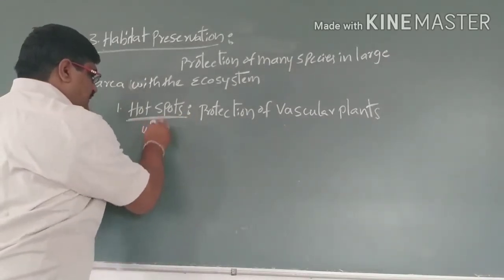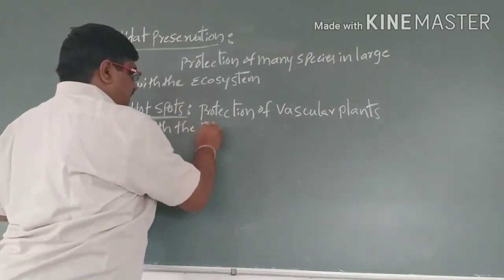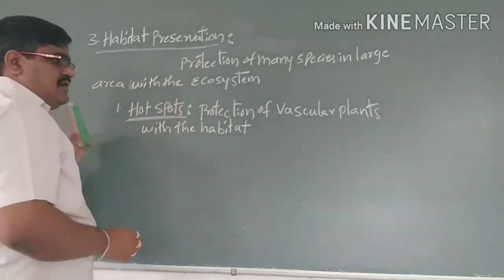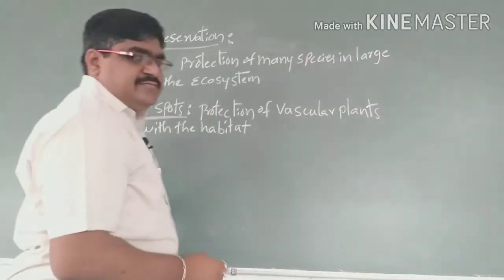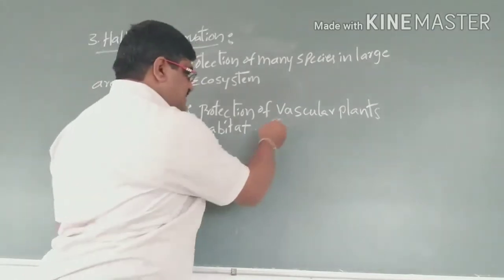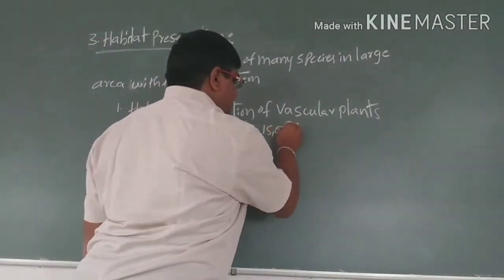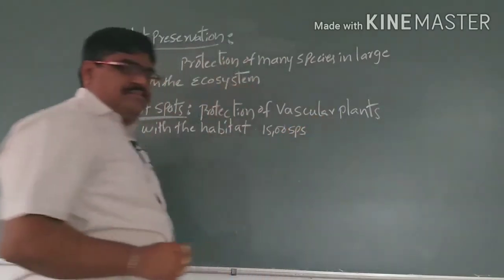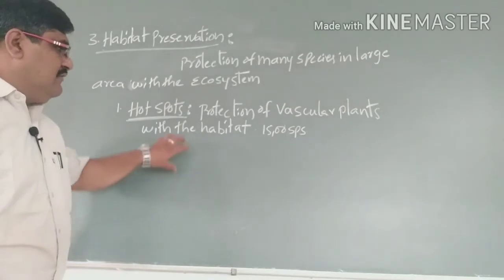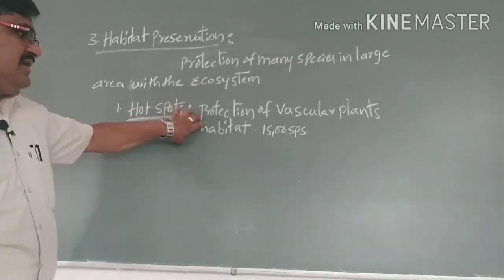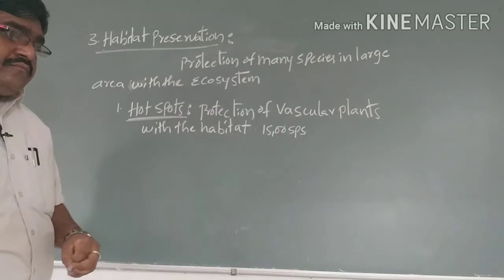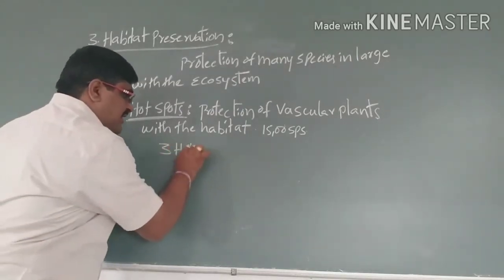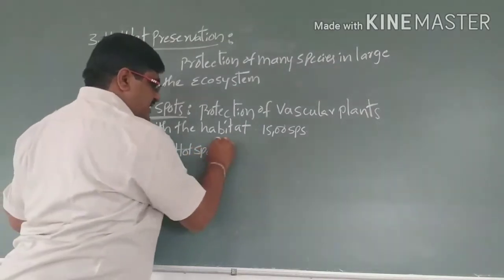Here there are 1500 species of vascular plants present, and these help in protecting the vascular plants. And there are 3 hotspots in India.